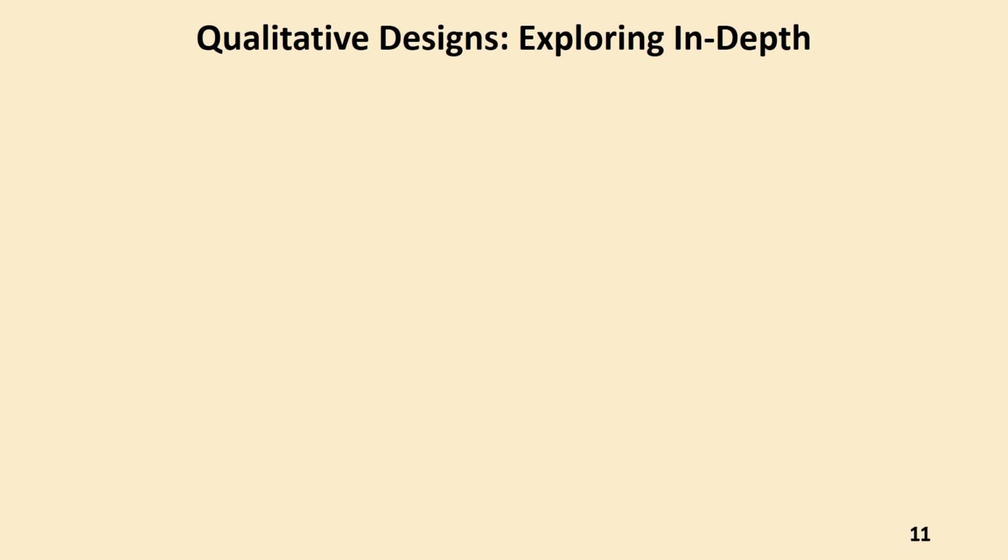Now, come to the next point, that is qualitative design, exploring in depth. There are certain kinds of qualitative design that a researcher utilizes on the basis of the demand and nature of the study. If you are going to do a study which demands a phenomenological design, then you have to utilize that design.